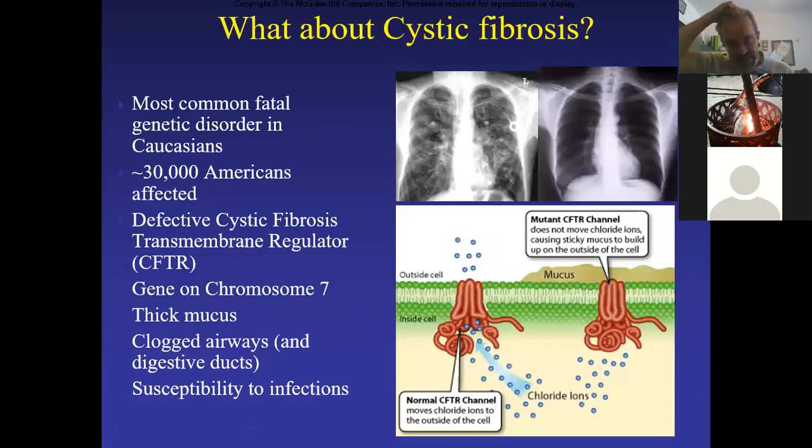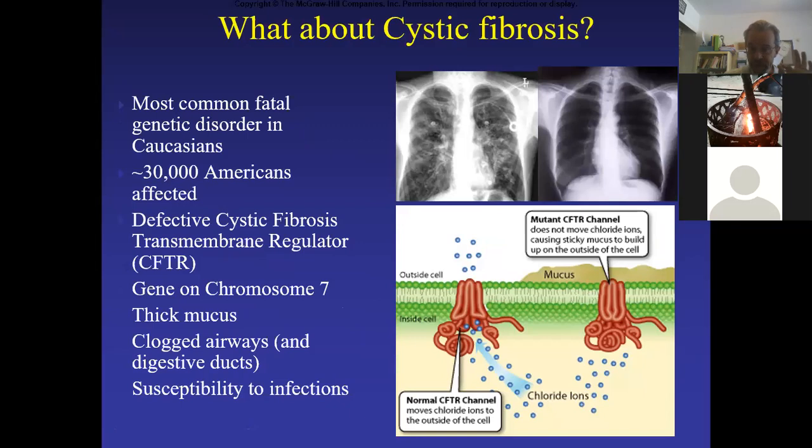All right. Last thing I want to talk about is, you notice it wasn't on the previous slide with COPD. So it is a lung condition, but it kind of has its own story. It's a genetic condition, first of all. It's the most common fatal genetic disorder in Caucasians.